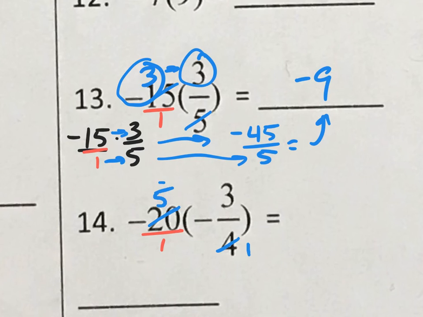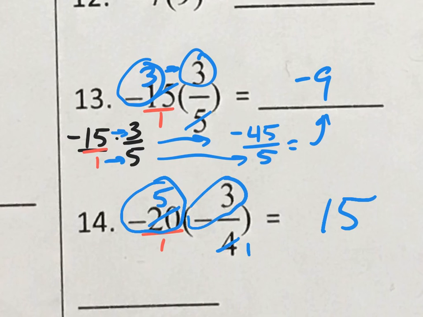So I really have a -5 on top times -3, because that's all there's left. And -5 times -3, what is that? Negative times a negative is a positive, guys. Once again, negative 5 times negative 3, that's positive 15. Negative times a negative equals a positive.